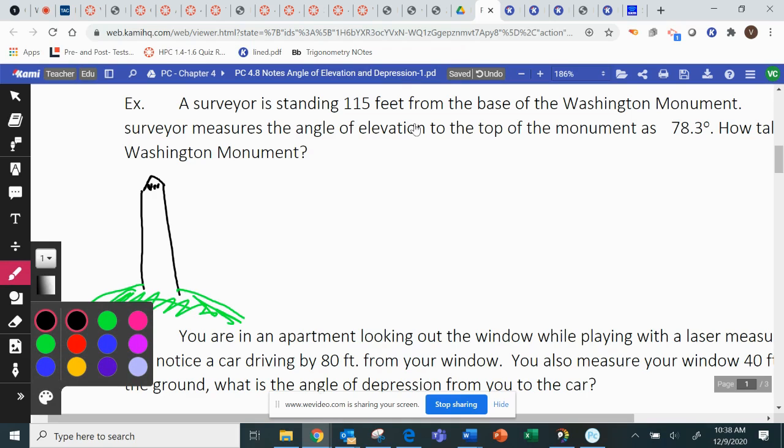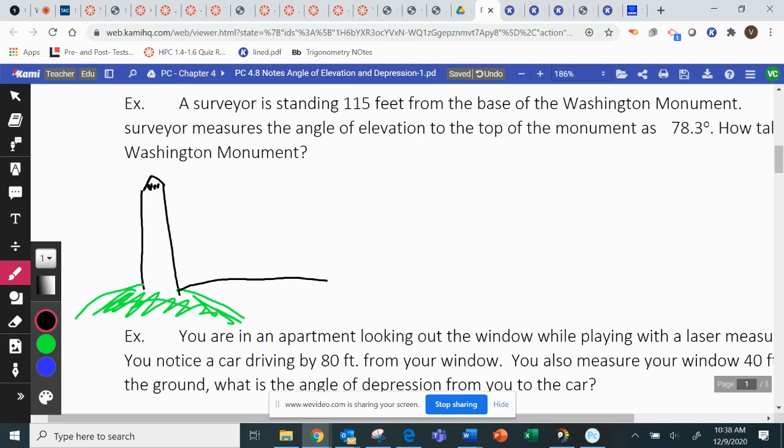And then there's a surveyor that is standing 115 feet from the base.